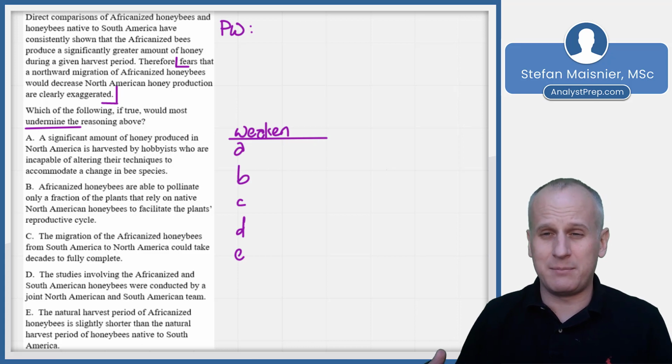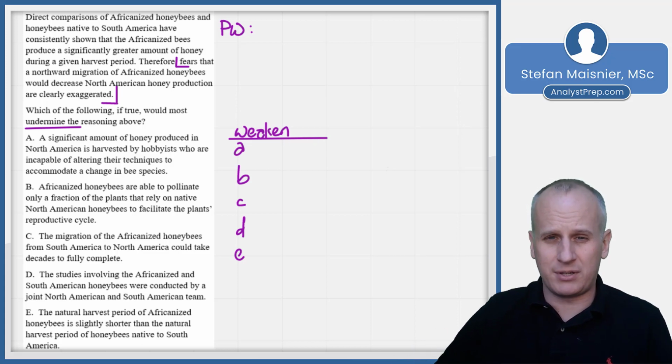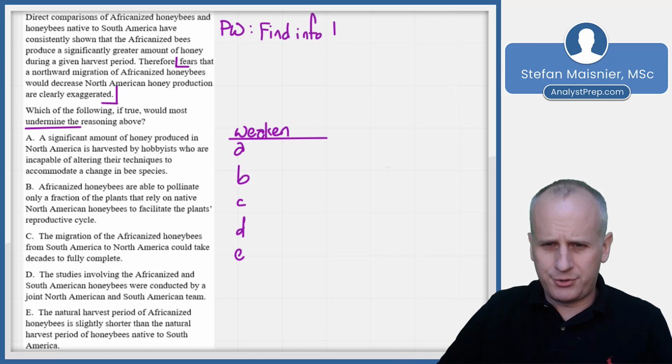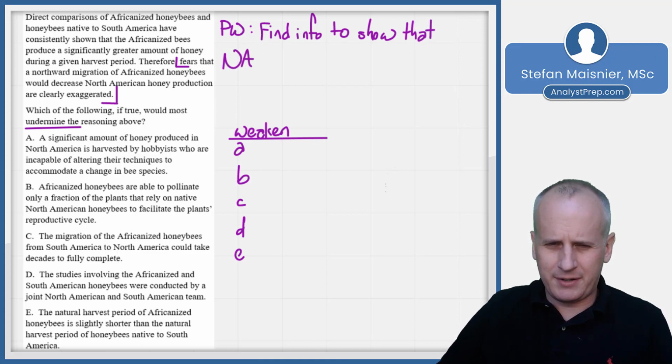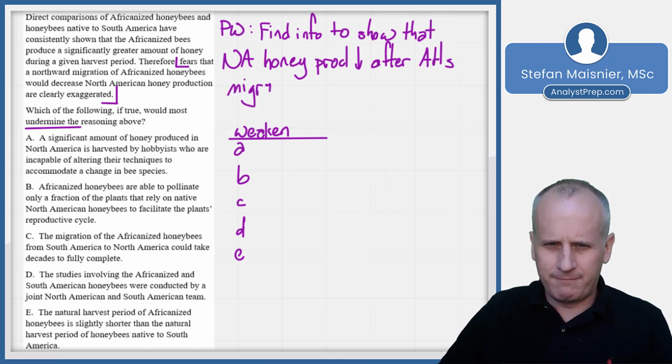And again, if we don't have enough time to produce a more specific prediction, we can just say find info to show that the North American honey prod will go down after, we'll say AH for Africanized honeybees, migration northward.